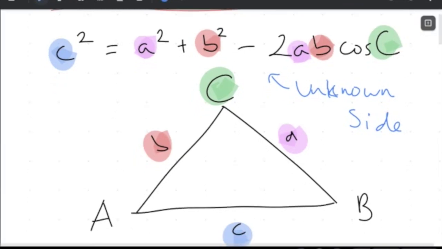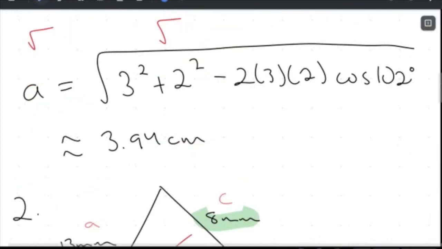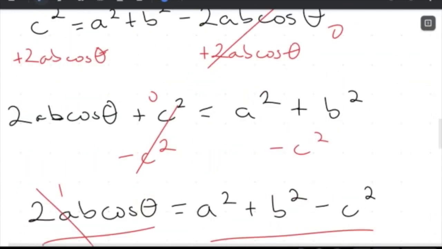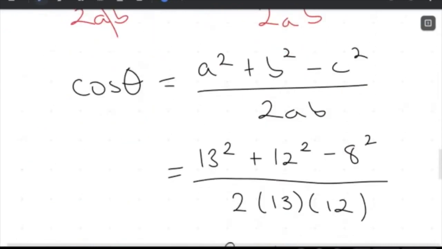So we're looking for a side. Or we can rearrange this equation in order to use cosine rule to find an unknown angle. So we're using the same formula just in 2 different versions in order to find 2 different things.